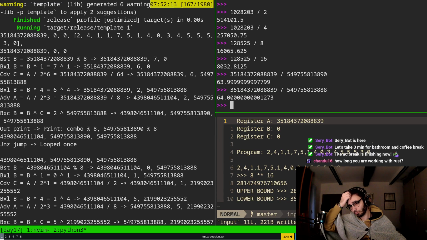Okay. So they're both basically lower than 64. Doesn't look useful.